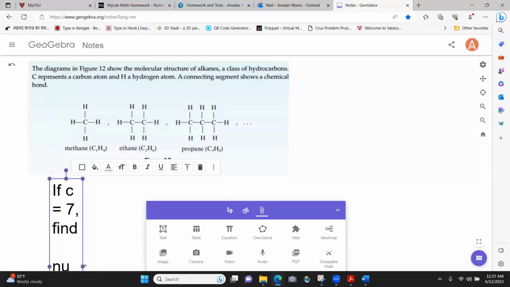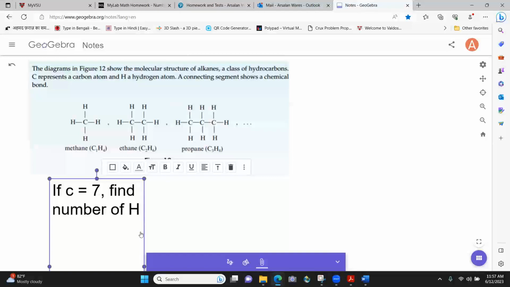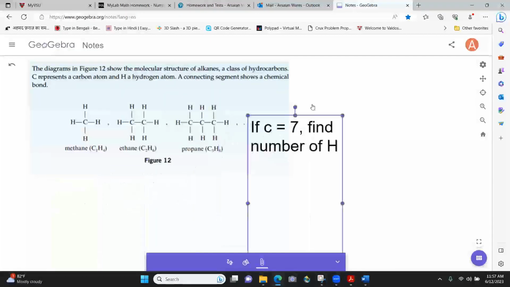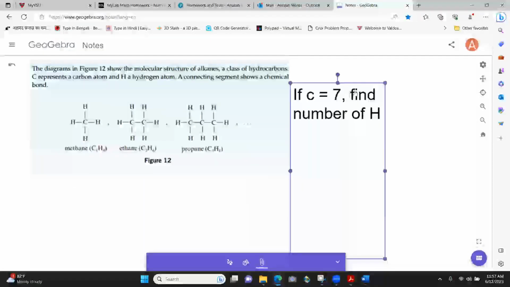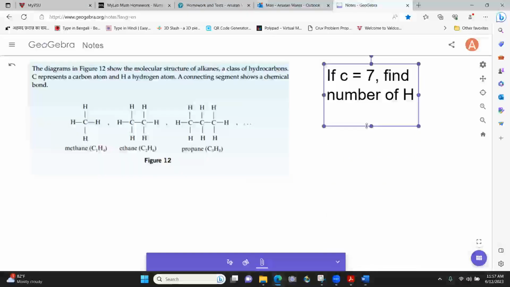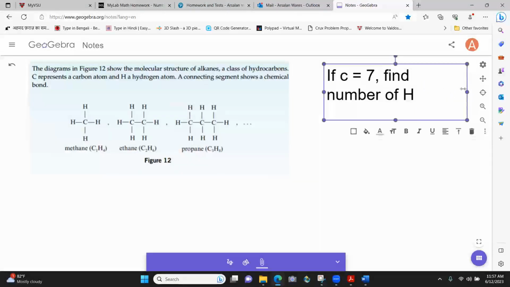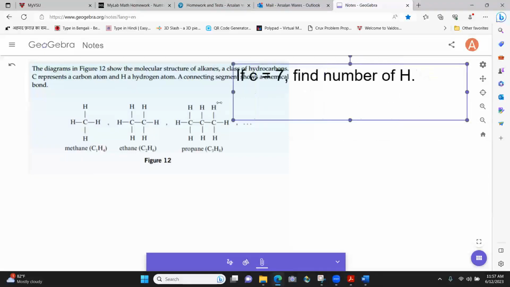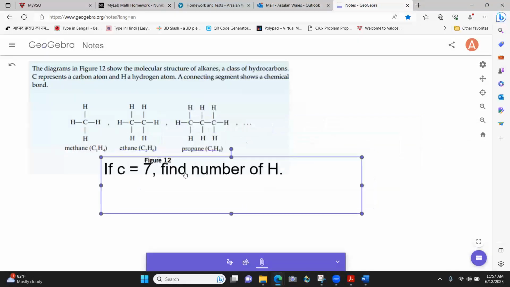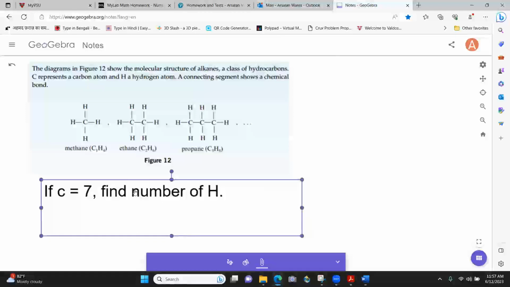Okay, I know it looks like a chemistry problem, but it's really not. Let me put it down. I'm going to do this a little differently, okay? So there are 7 carbon atoms.